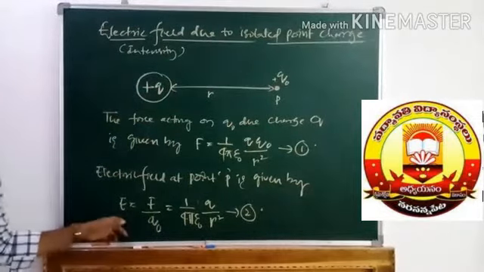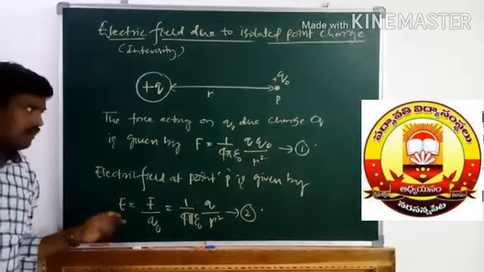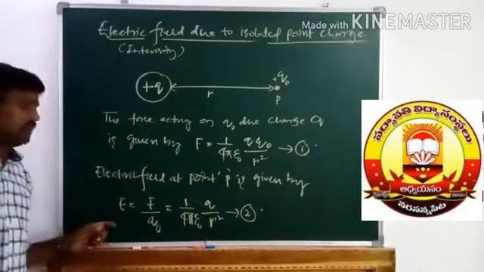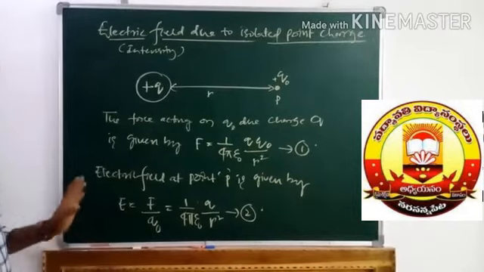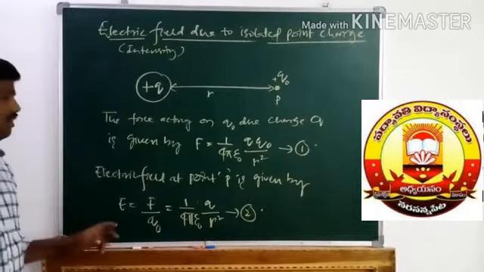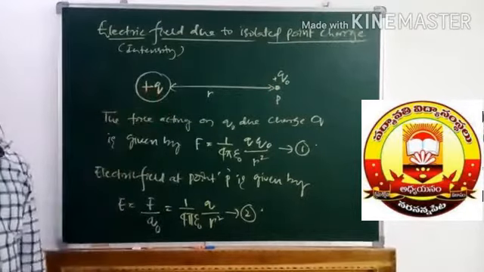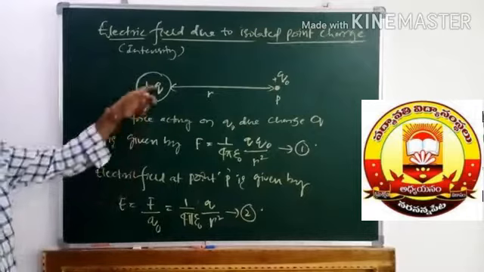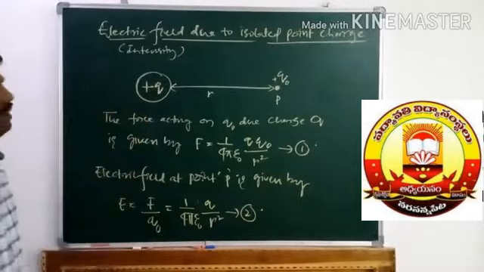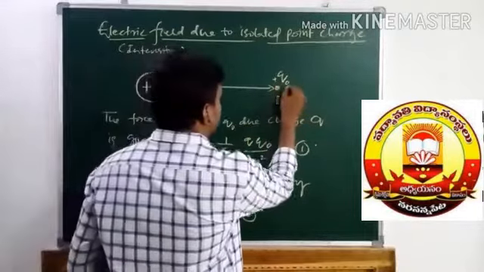Here, what is the direction of electric field? The direction of electric field will be away from positive charge. Always, why? Because the force is going to be a repulsive force.